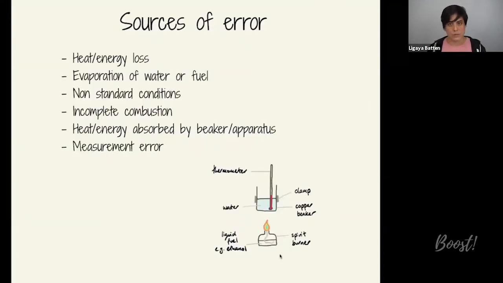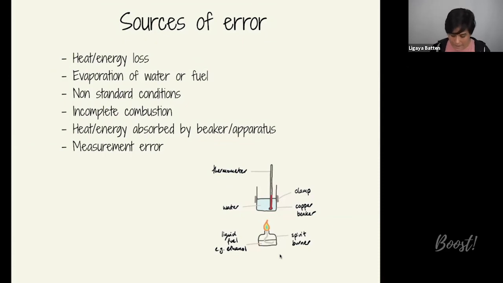We talked about sources of error in the last experiment. So similar sorts of sources of error we have here. In order for this experiment to be perfect, we want to have standard conditions, and we want to be able to assume that all of the energy released by the flame that's burning the fuel is absorbed by the water whose temperature we're measuring.